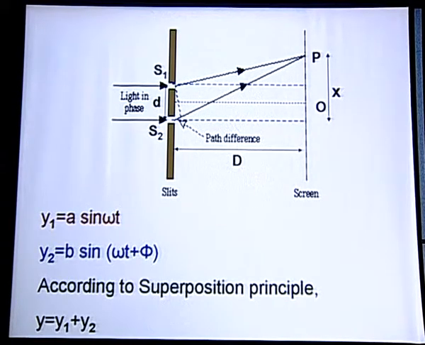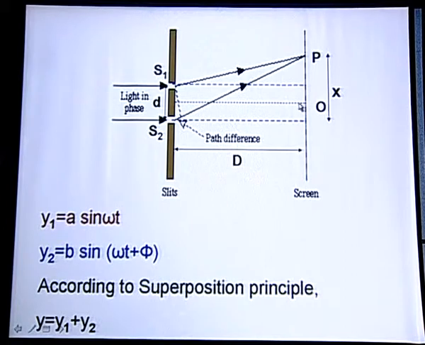Between the screen and the slits, the distance is taken as capital D, and between the slits we take the distance as small d. The distance from the center O to P is x, from here to here, not from here.